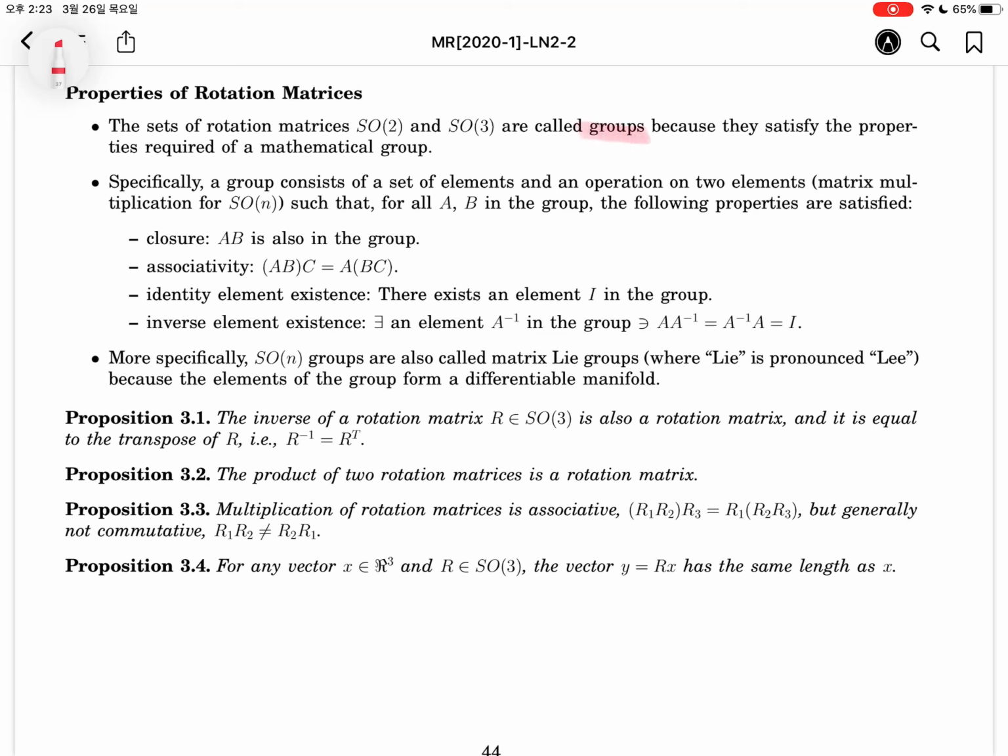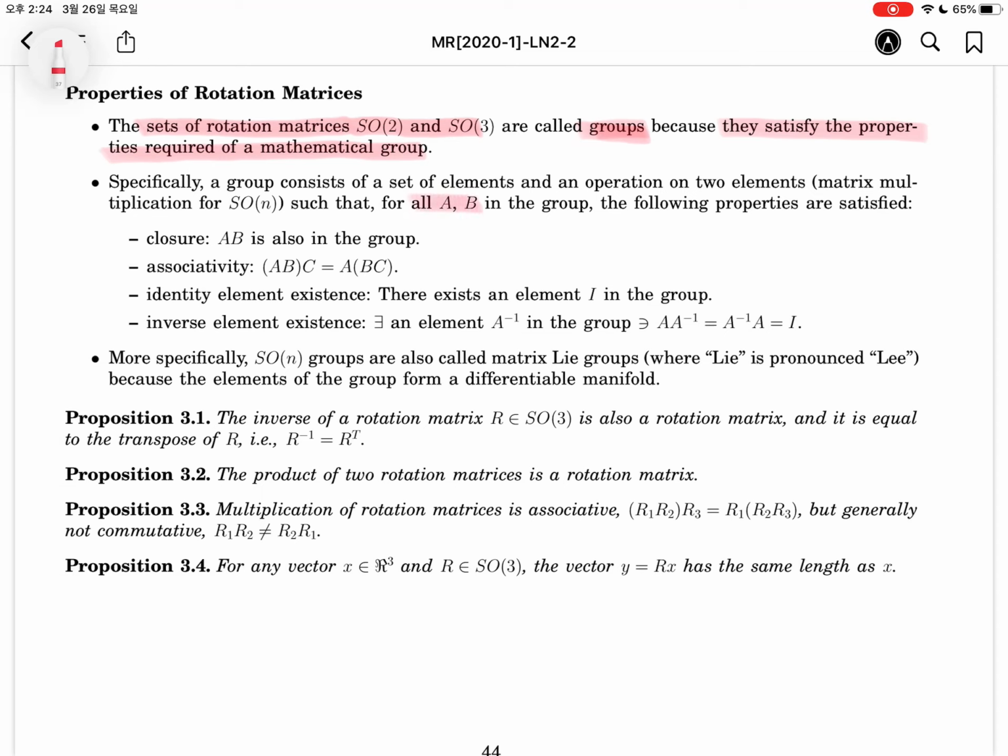Group is a mathematical notion. The sets of rotation matrices SO(2) and SO(3) are called mathematical groups because they satisfy the properties of a mathematical group. In order to define a mathematical group, we should consider 4 kinds of conditions.